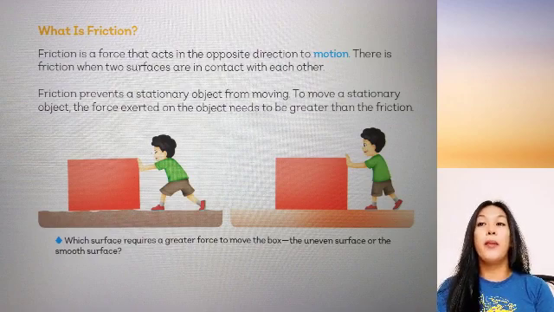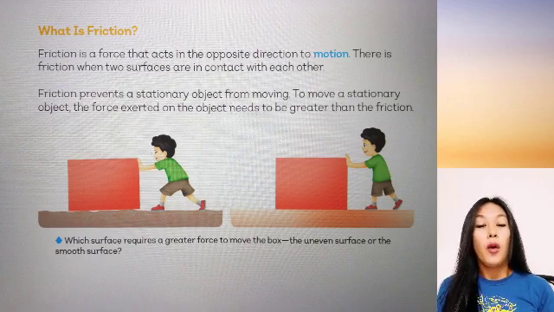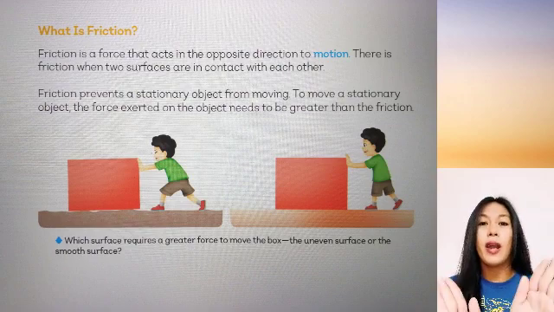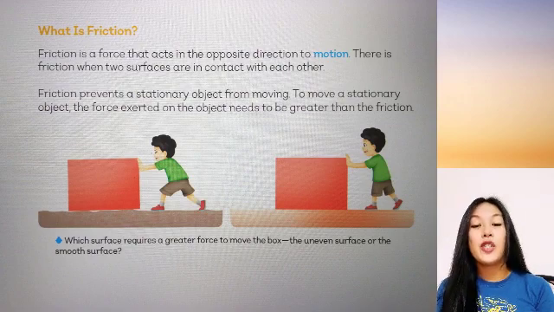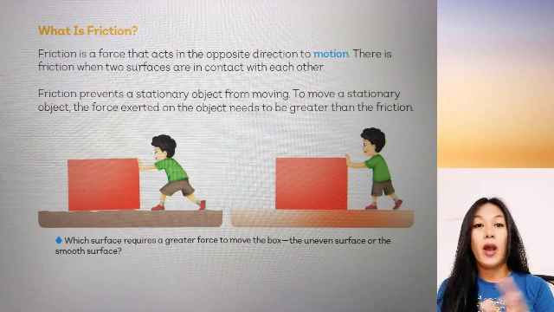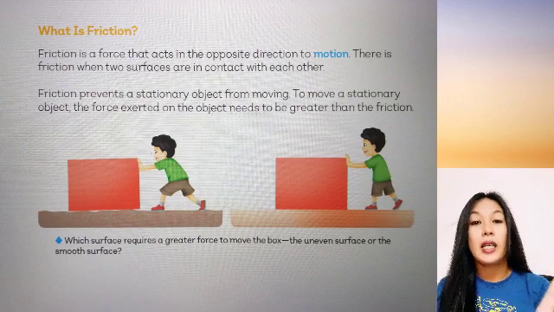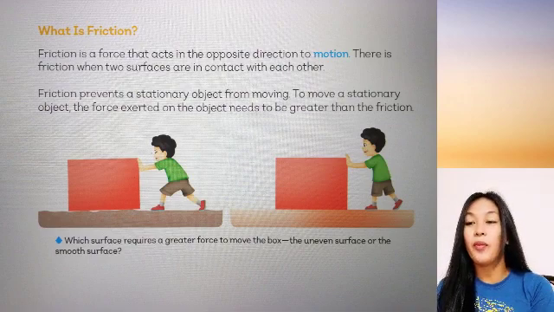For example, when there is so much friction on the floor where your box is, you need to exert more effort in order to move the box. You need to exert more force than there is friction. It is harder to move a box on a surface with so much friction.